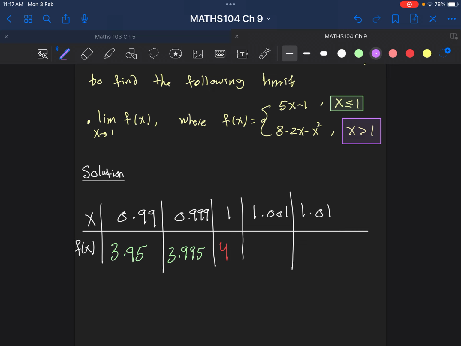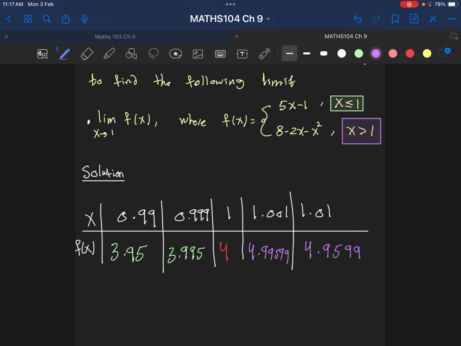So we have 1.01. The answer will be 4.9599. Now, if we do the same thing for 1.001, it will be 4.99599.